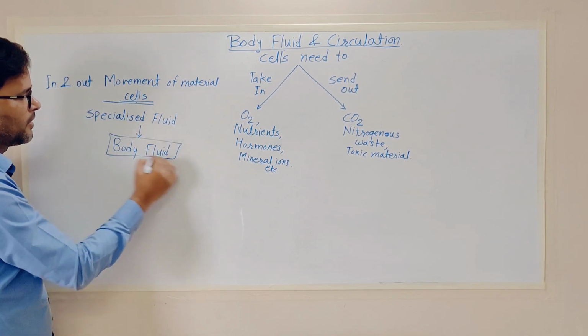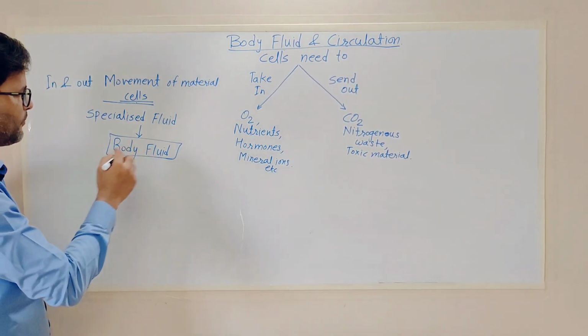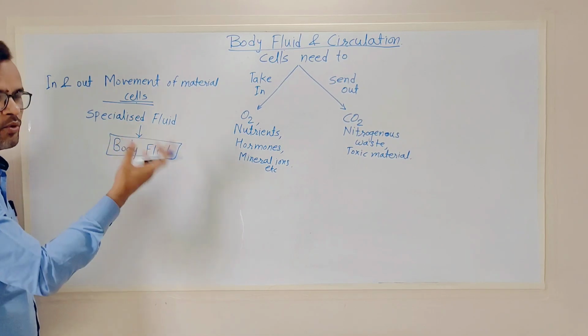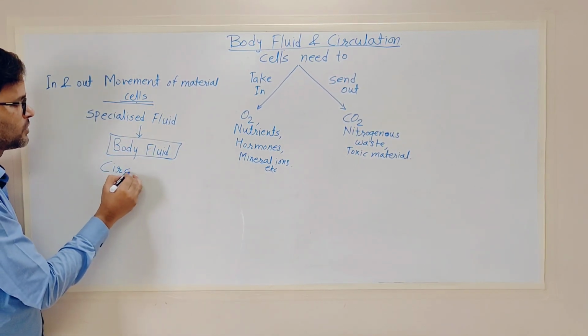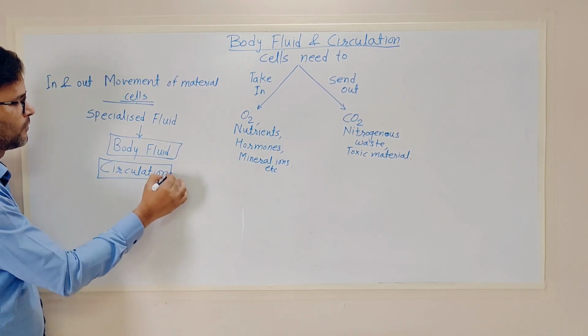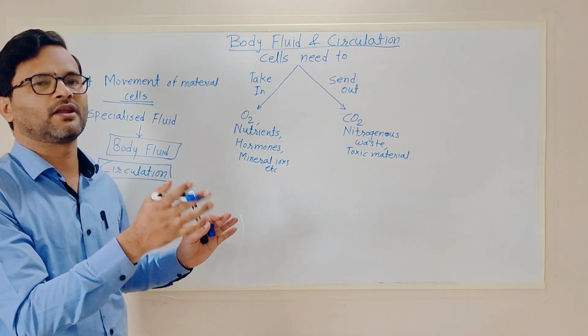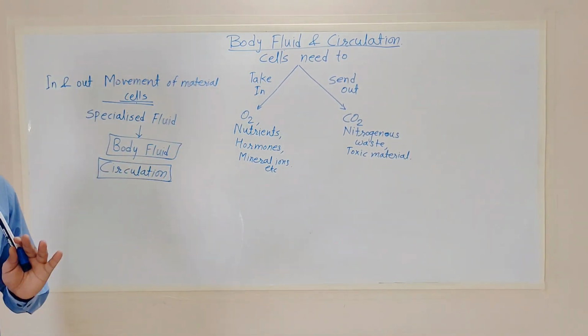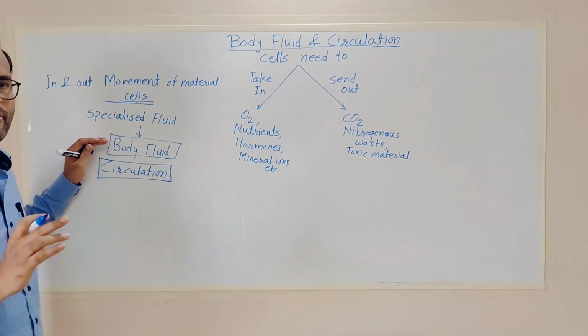And this movement of the material is one type of transportation. It is called circulation. So circulation means the transportation of different material from one place to another place of the body, and this is performed by body fluid.